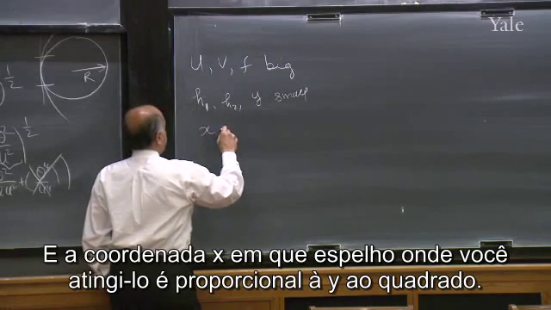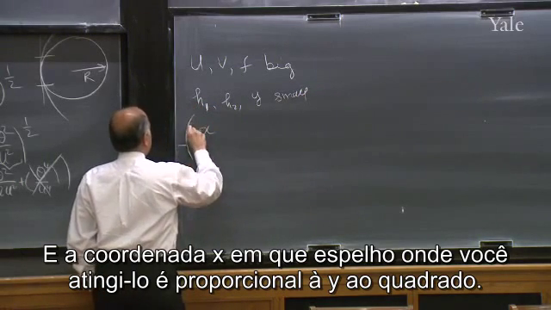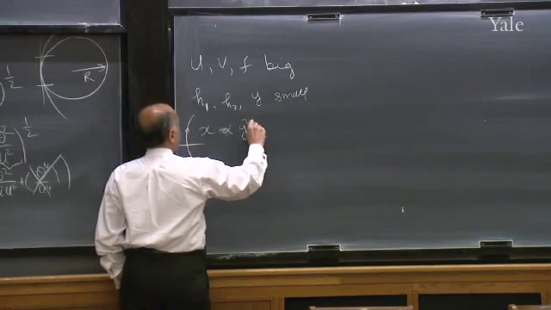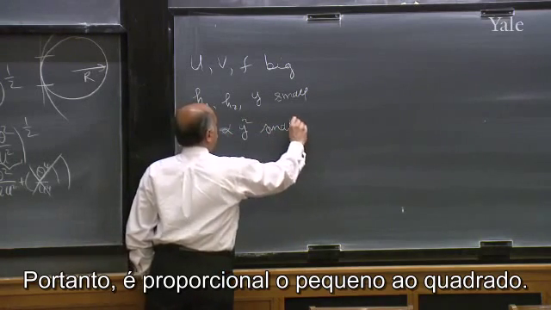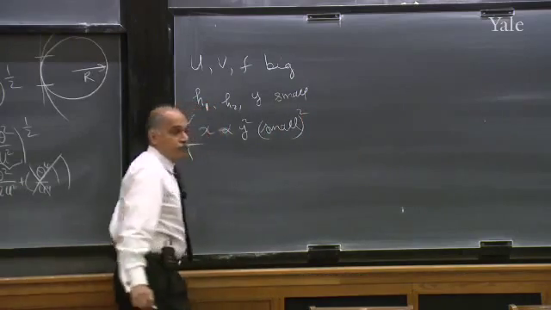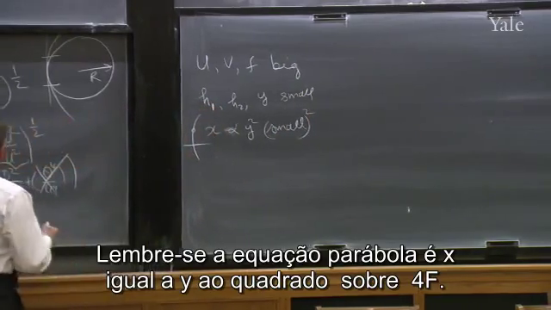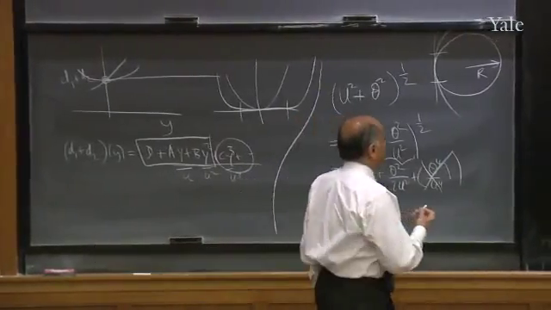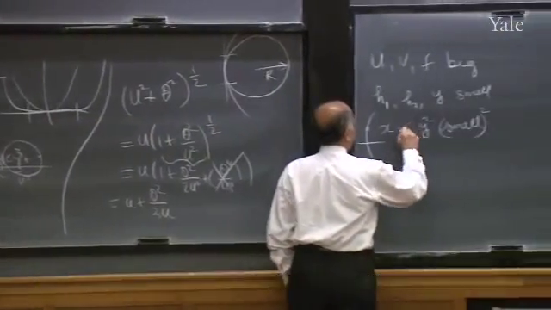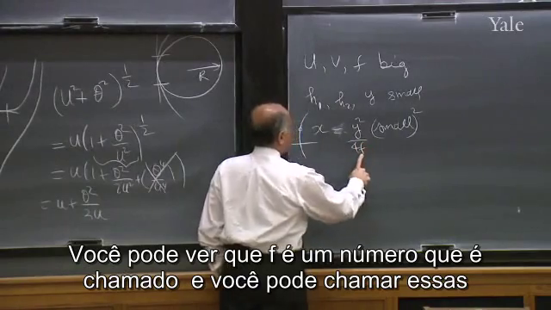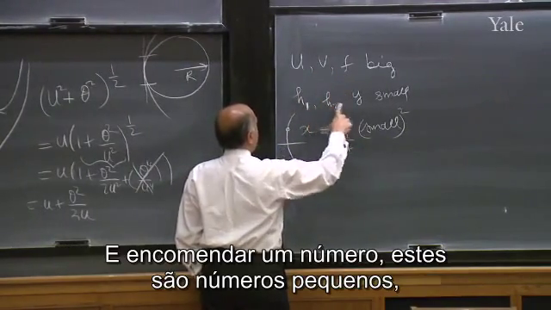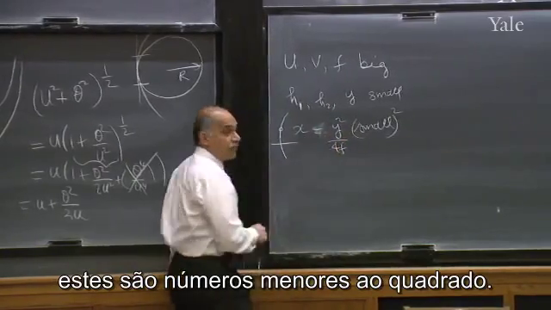And the coordinate x on that mirror where you hit it is proportional to y squared. You remember that? So it's proportional to small square. Remember the parabola equation is x is equal to y squared over 4f. In fact, let me write it exactly. You can call f an order 1 number, y small numbers, and x smaller numbers squared.